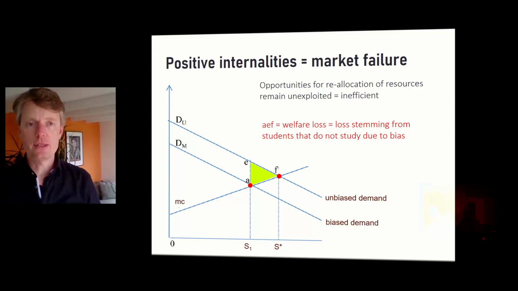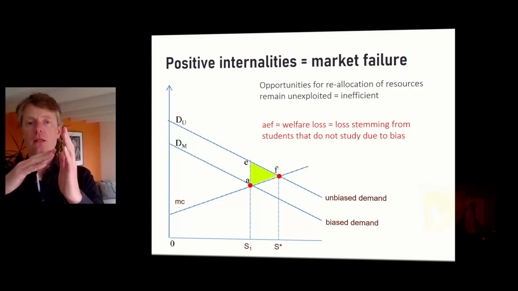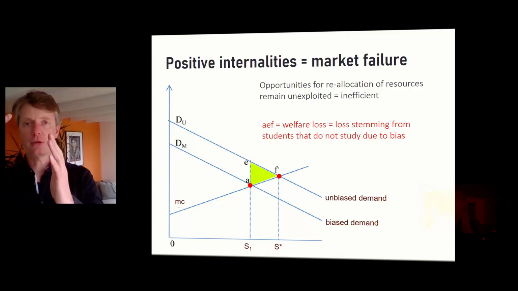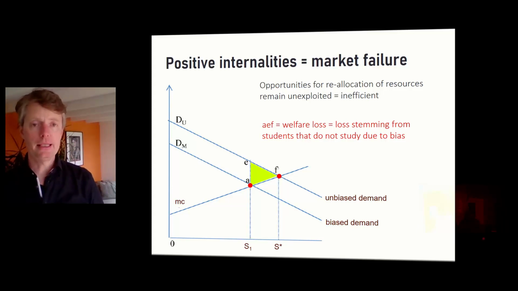Then if we look at the unbiased demand curve and the marginal cost curve, we see that we stop at S1, even though the marginal benefits are still higher than marginal cost. So we get a welfare loss of AEF.